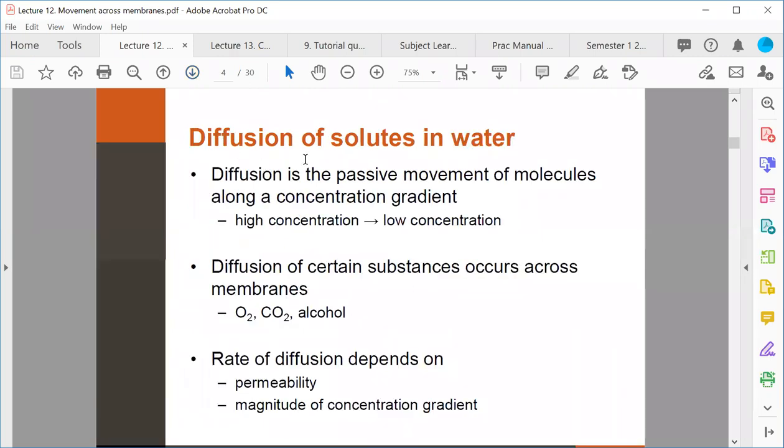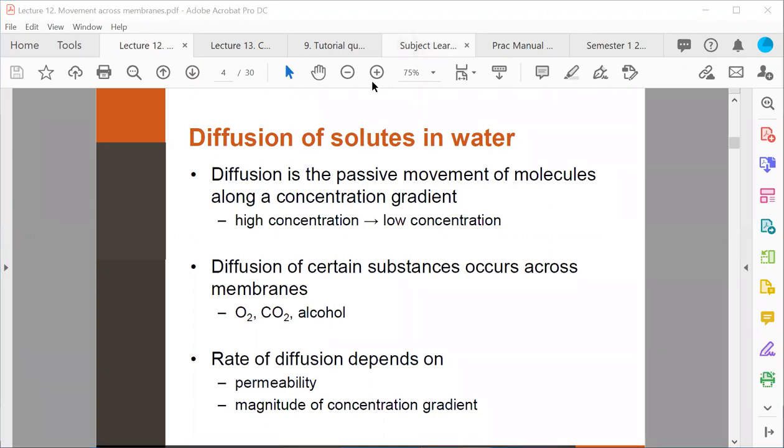All right, so an important concept here, diffusion. We're going to think about this term diffusion. And we can see the definition there, that diffusion is the passive movement of molecules along a concentration gradient. Also, we can say the movement of molecules down a concentration gradient, that is from a region of high concentration to a region of low concentration.